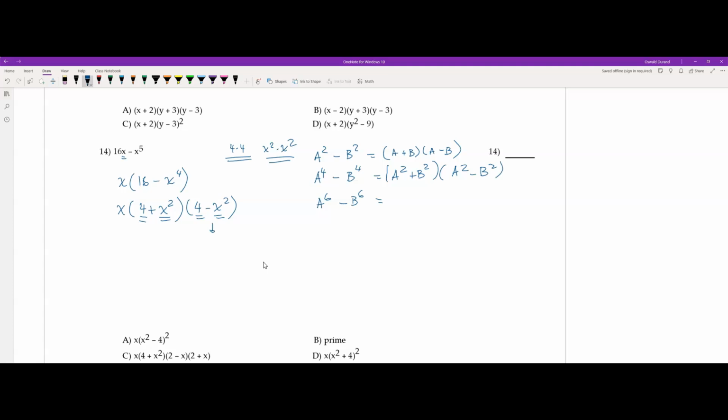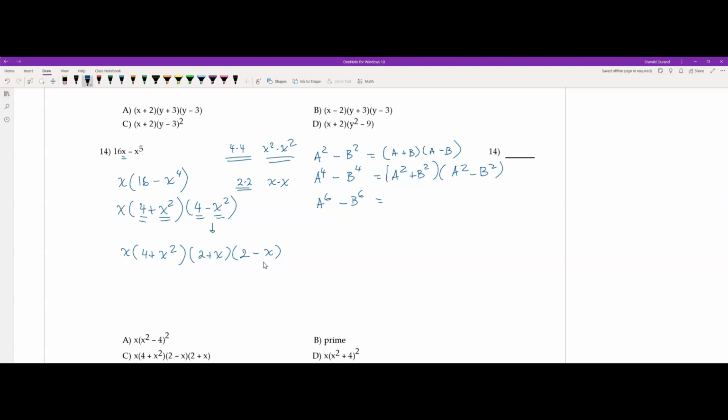So these two here are going to remain x times 4 plus x squared. And then here, now it's going to be 2 times 2 and x times x, right? So we know it's going to be 2 plus x times 2 minus x.